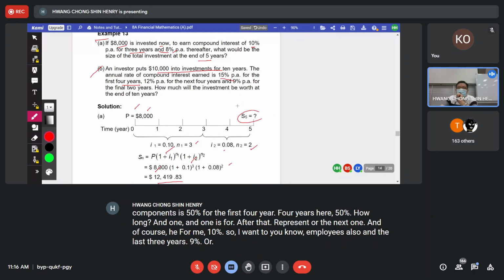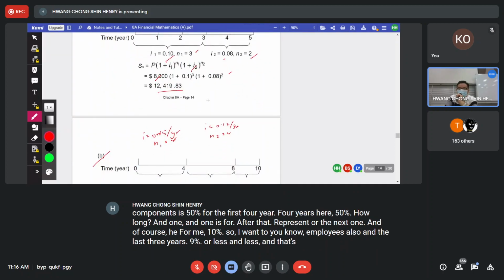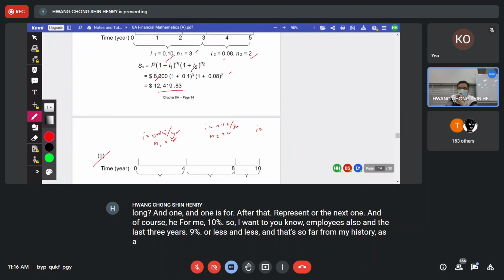Wow, less and less and less. So far, from my experience, very seldom does it go up. Go down, other one. Who wants to give more, right? So you have to be very smart. Be careful.